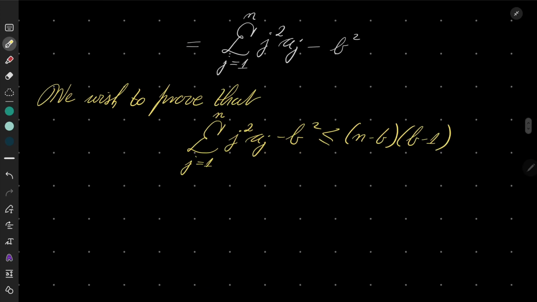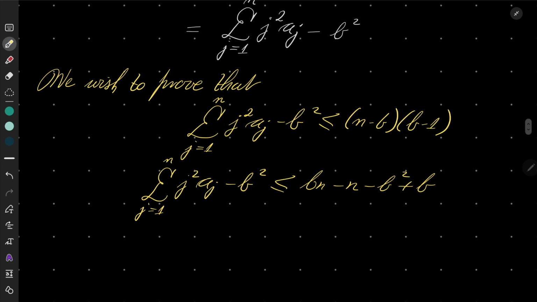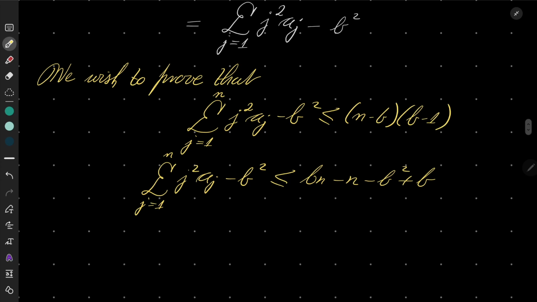Okay, and let's work from there. So let's expand the right-hand side; the left-hand side is already expanded and simplified. And we have b times n minus b squared plus b. Okay, very well. And now we see that b squared can be cancelled on both sides.